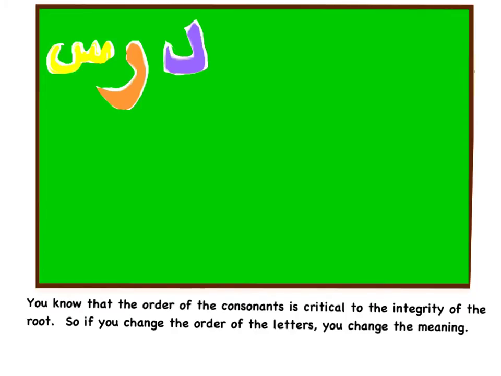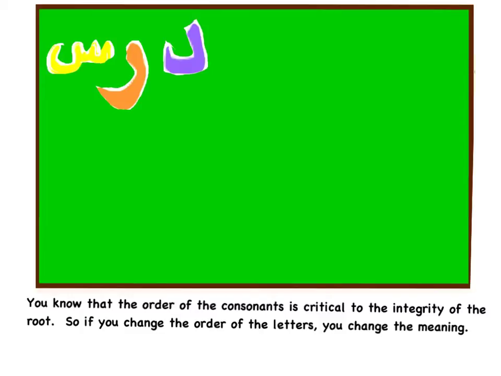Another thing to keep in mind is that the order of the consonants in the root is very important. If you change the order, you are changing the meaning. So the order of the consonants is critical to the integrity of the root. That is as clear as it can be. Can I say it in other words?